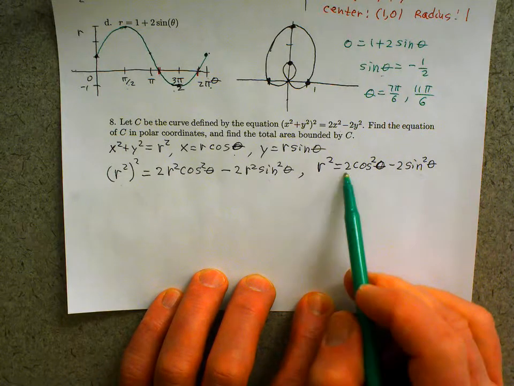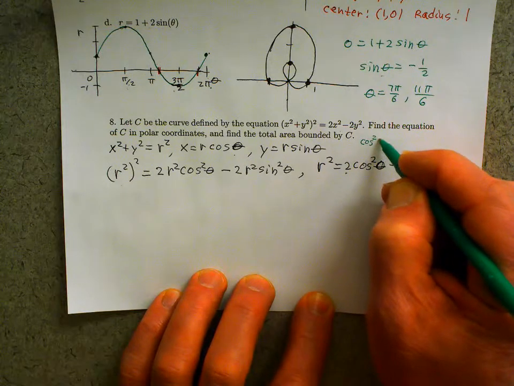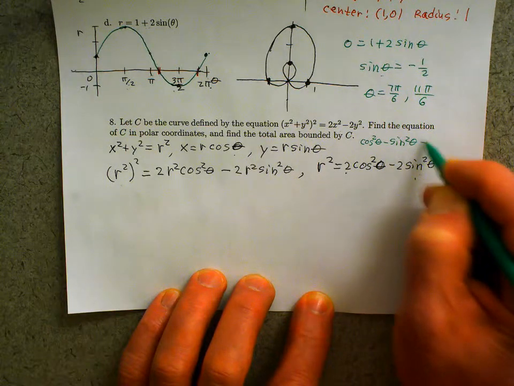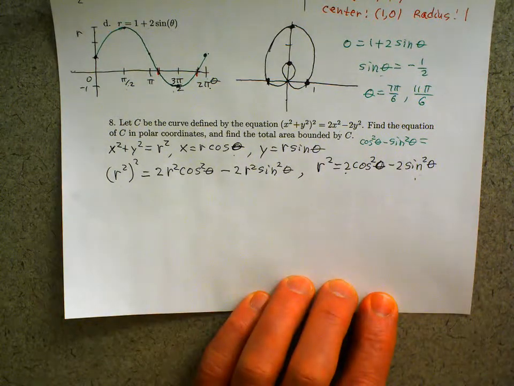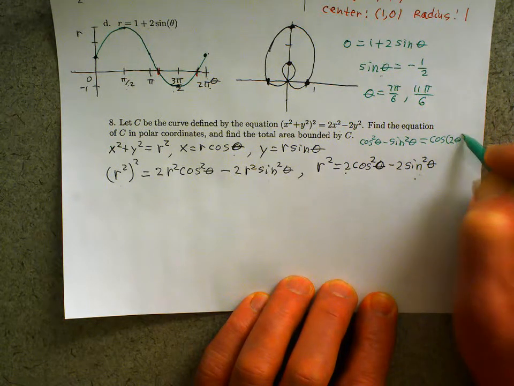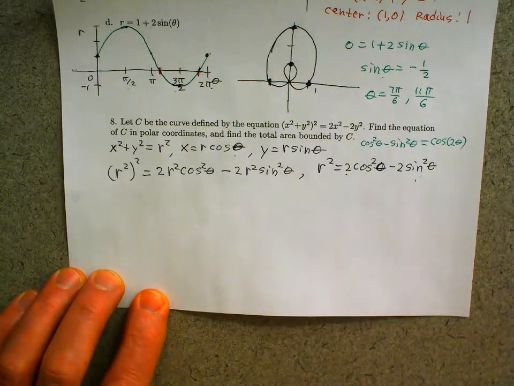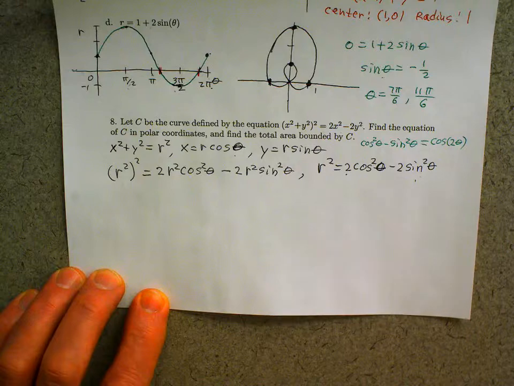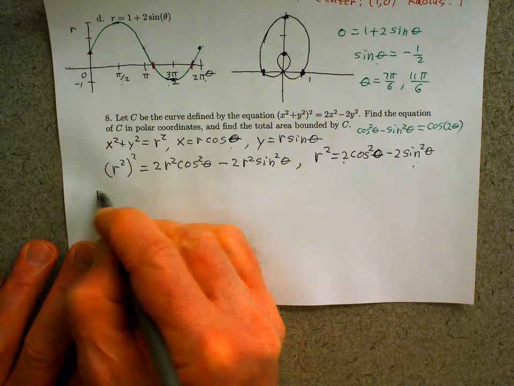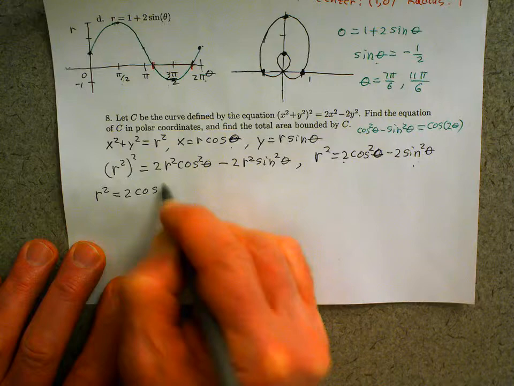We'll factor 2 out, and then we'll use the identity that cosine of theta squared minus sine of theta squared is just cosine of 2 theta. Okay, so what we get is r squared equals 2 times cosine of 2 theta.